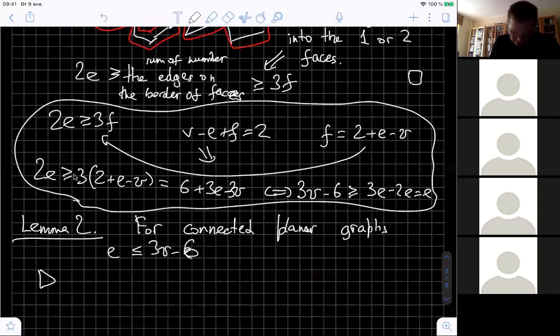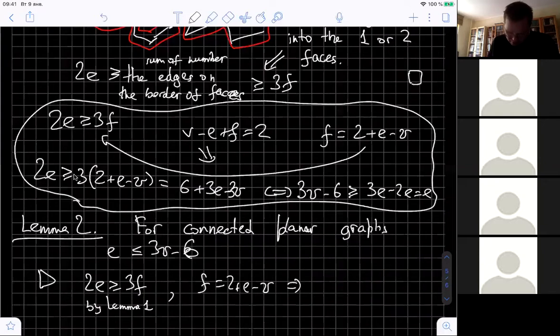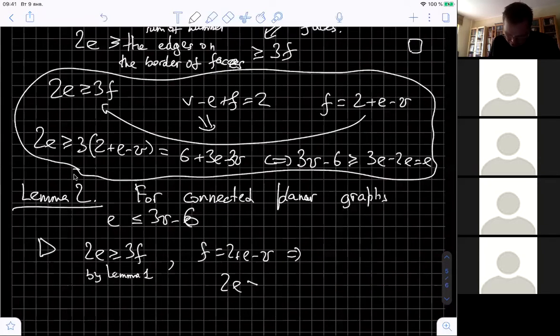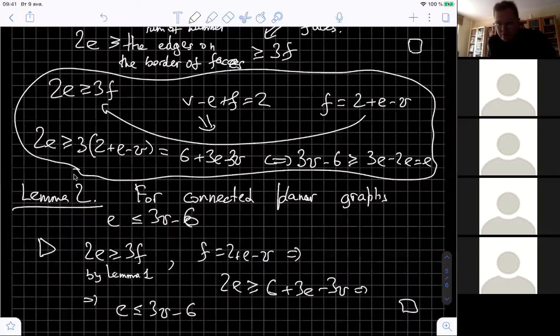We have by lemma 1 and f is equal to 2 plus e minus v. So if I just do the calculations, I can obtain that e is less than or equal to 3v minus 6.